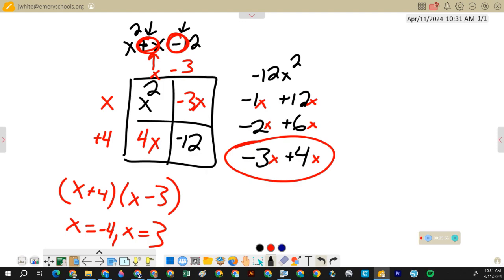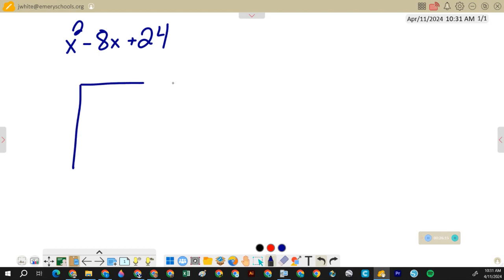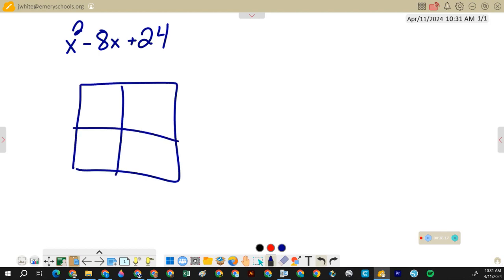All right. So let's do some that are not on your sheet, just to make sure you understand. What if I had x squared minus 8x plus 24? So you don't have to write this down. Just watch to make sure you understand what's going on. So I put the x squared and the negative 24 in place.